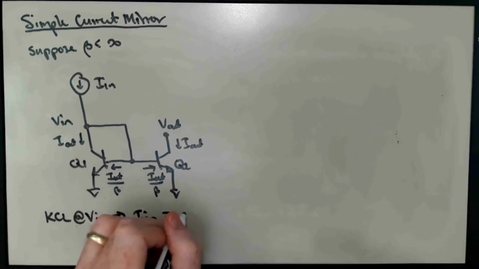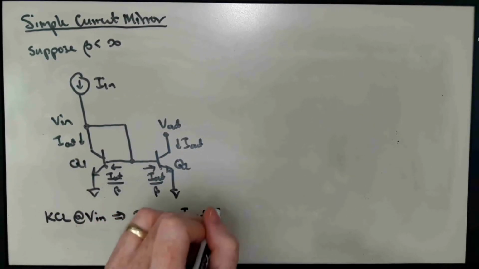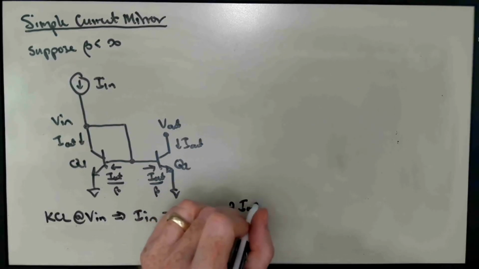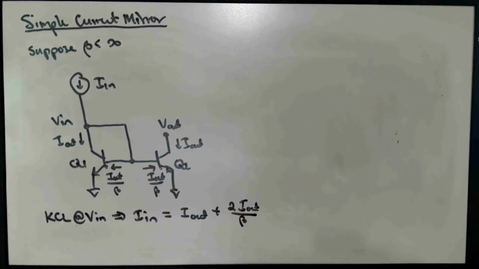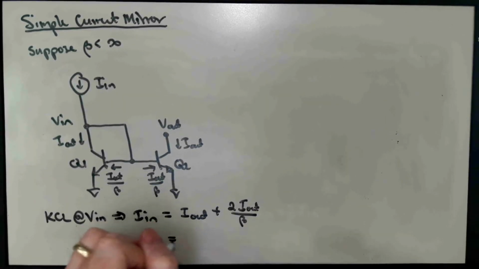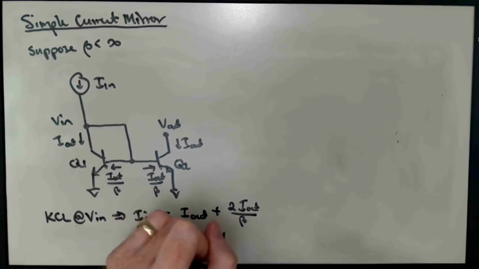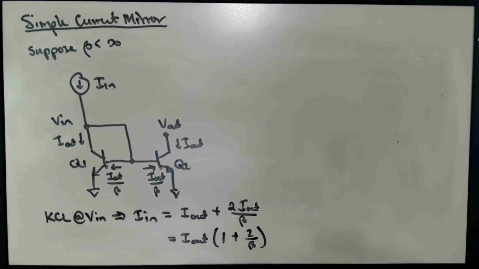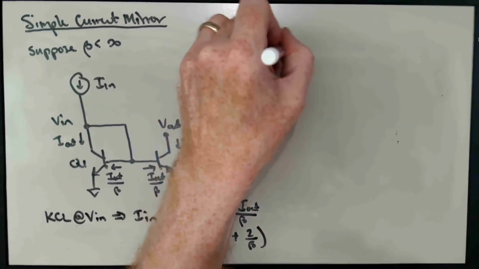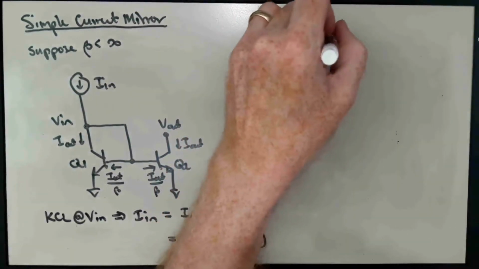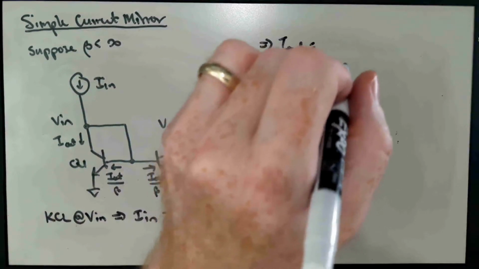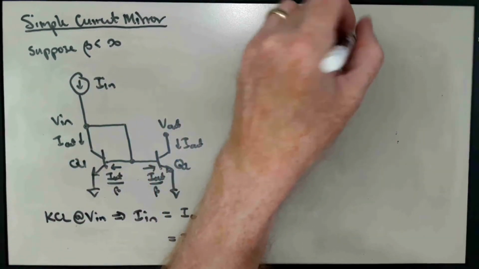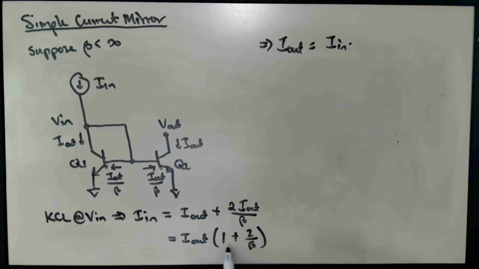So I in is equal to I out plus 2 I out over beta. So we can factor out the I out: 1 plus 2 over beta. And we can then rearrange this and find that I out is equal to I in times, if I put this over a common denominator, beta over beta plus 2.